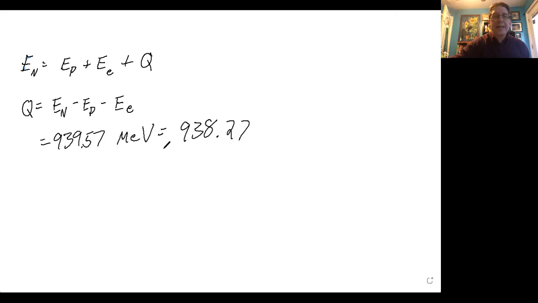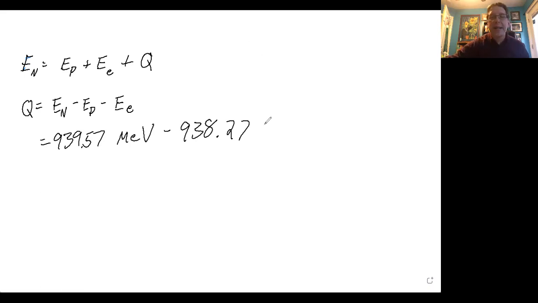And the rest mass of an electron, you can look that up, I believe it's in the front cover, is 0.511 mega electron volts.